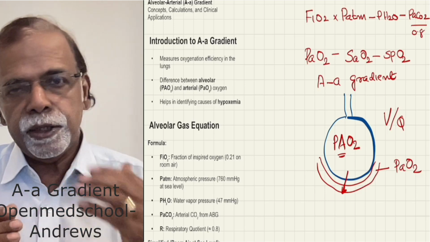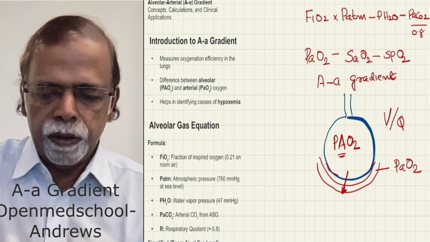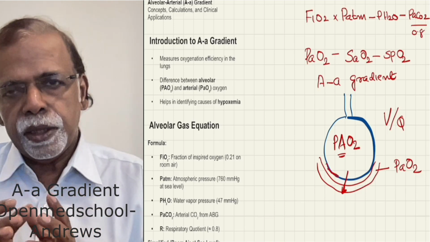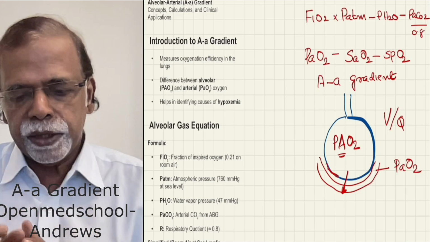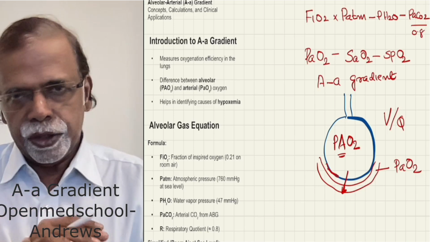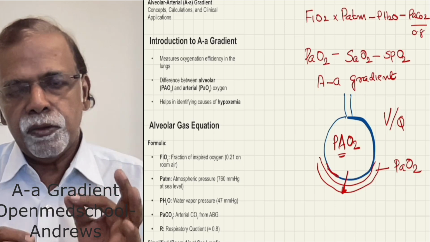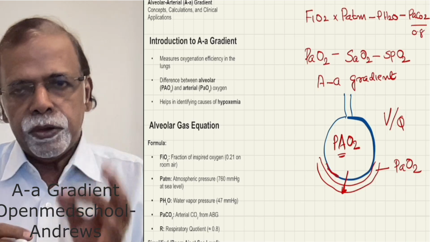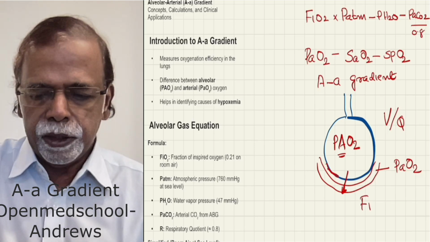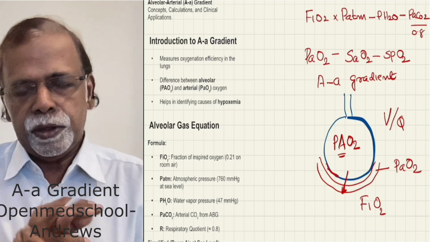This gradient changes with the age of the patient and diseases of the alveoli. Of course, it is also influenced by the partial pressure of carbon dioxide in the alveoli and the inspired oxygen concentration. So these are 3 points, remember. The AA gradient depends upon, one, the FiO₂, that is the inspired air, what is the fraction of oxygen.